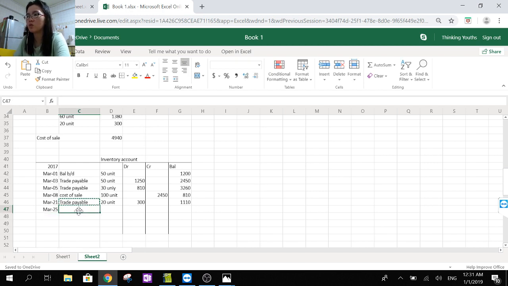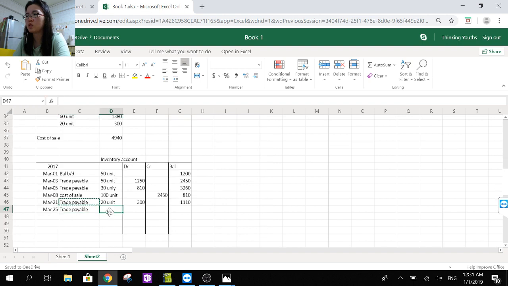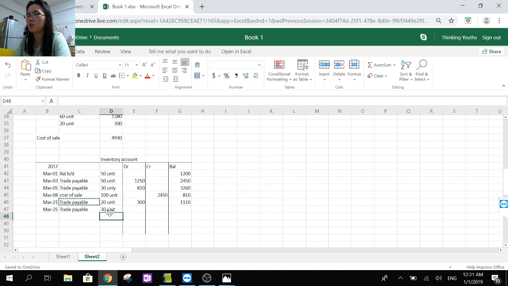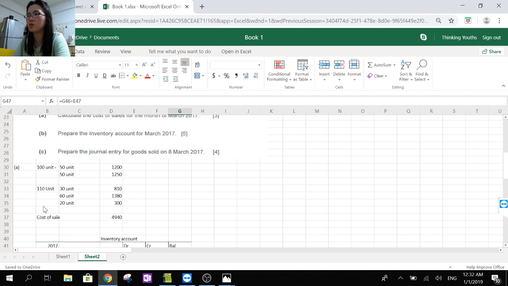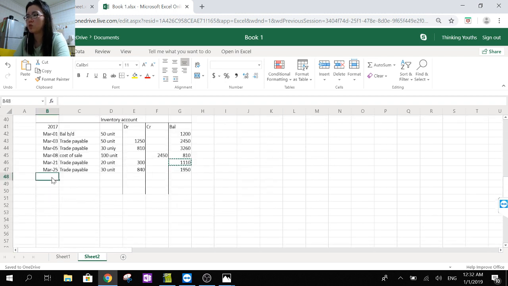Next one will be the 25th. So you continue to purchase another 30 units, which is 840. So the balance is 1950, and the last transaction on the 28th March, you're going to sell, which is cost of sales.